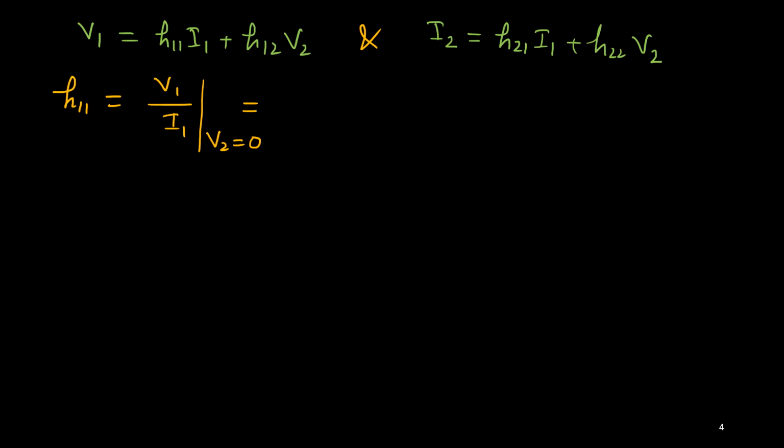So I can say it is the input impedance when output is shorted. Or in short we can write short circuit input impedance. Short circuit parameters we have already considered in Y parameters. So Y parameters are called short circuit parameters. In that case I1 upon V1 was Y11.